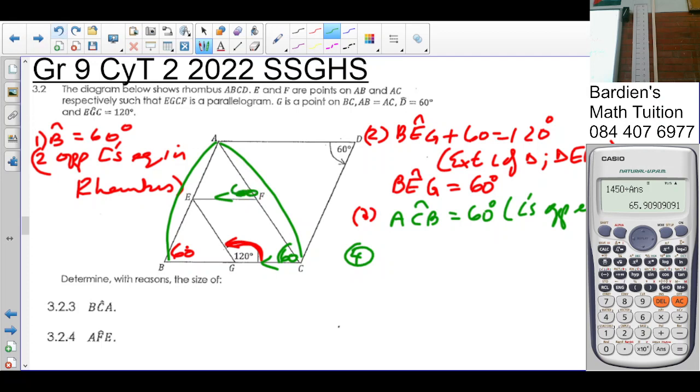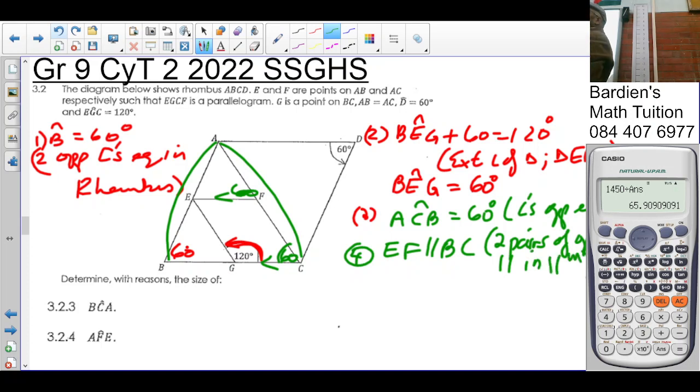60. So we first must say that EF is parallel to BC. Why? Because two pairs of opposite sides are parallel in a parallelogram. Remember that EFCG was given as a parallelogram. Okay?